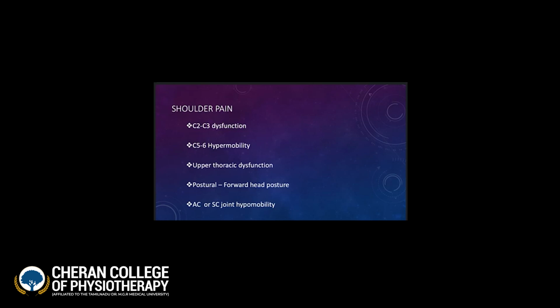If a patient has a C2, C3 dysfunction on, say, the right side, if they cannot extend into the C2 or C3 spine, that can cause hypertonicity of the levator scapulae, which can completely tilt your scapula into downward rotation.